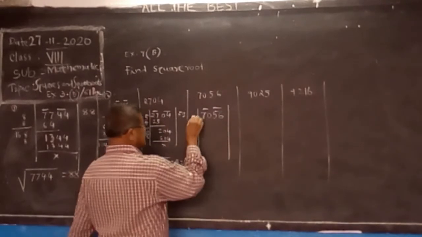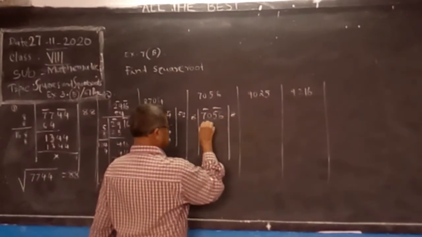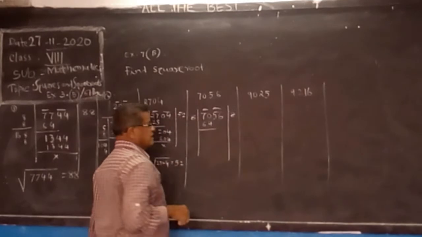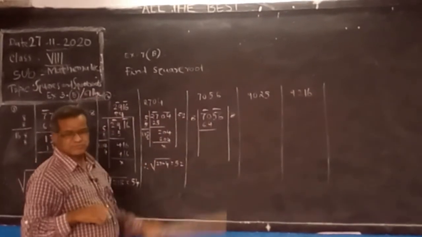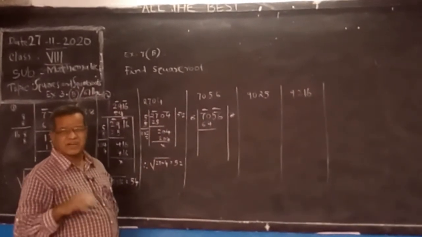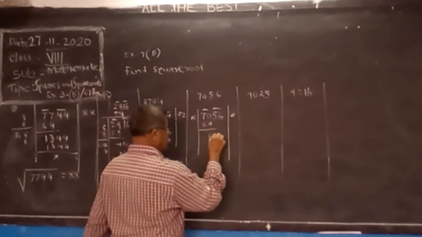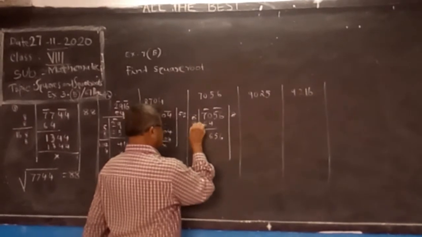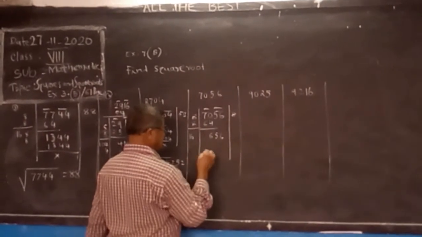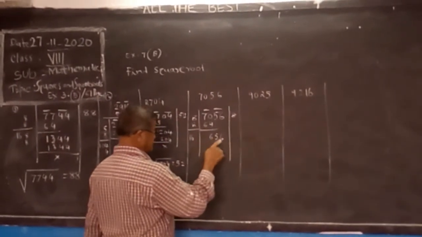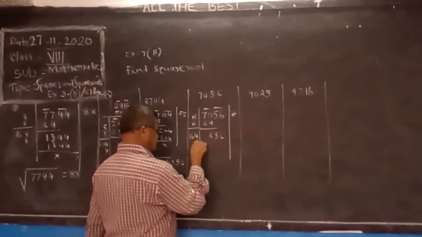8 eights are 64, 9 nines are 81, not going. So 8 eights, remainder 6, then 56. Repeat the same number, 16. Here 6 is there, it is possible with 4.